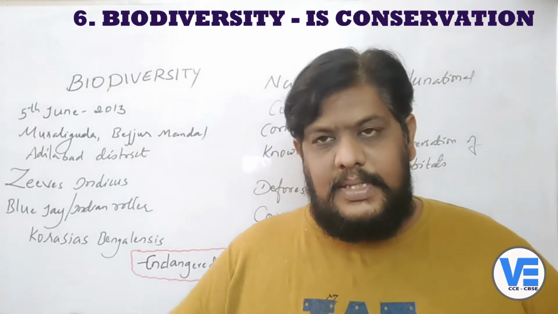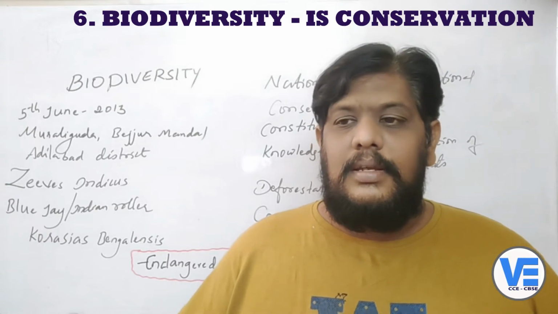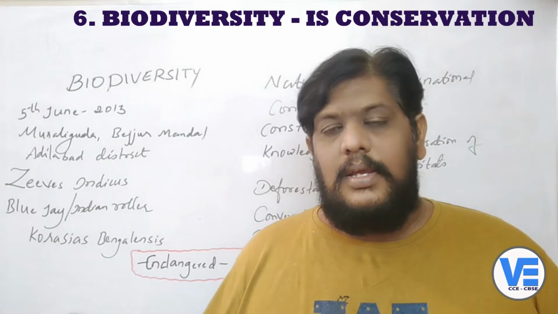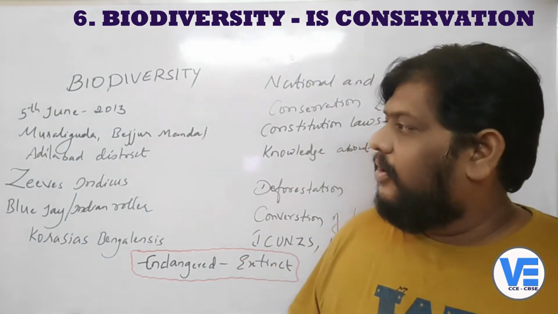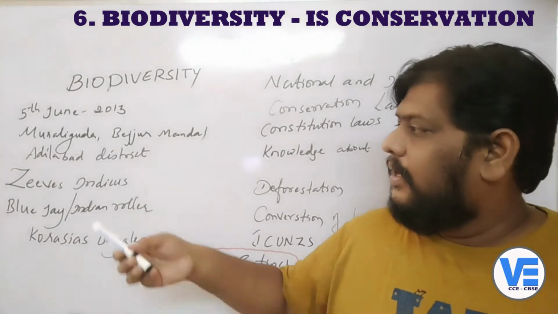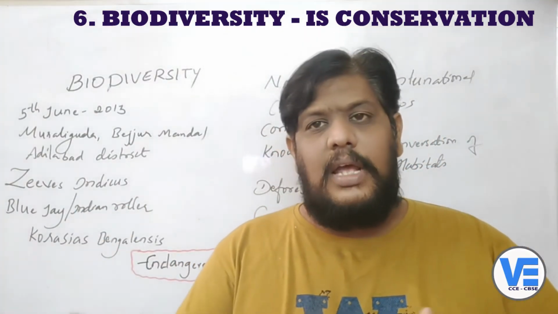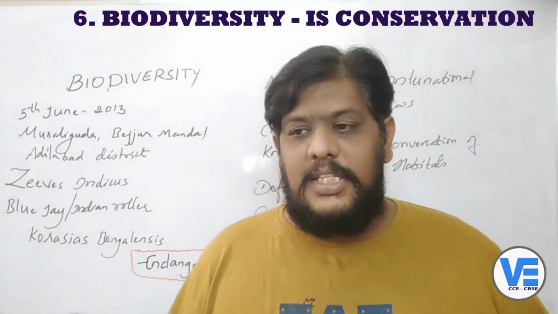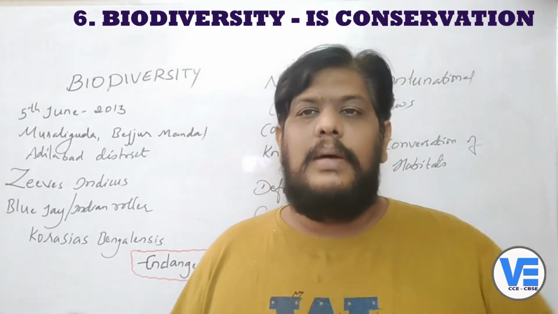It was written, endangered vultures seen in the Adilabad district. There was a paper cutting. On the 5th June 2013, in the Muraliguda forest in Bejur Mandal, Adilabad district, they have seen a vulture. 3 decades back, around 30 years back, vultures appeared in a very large number.